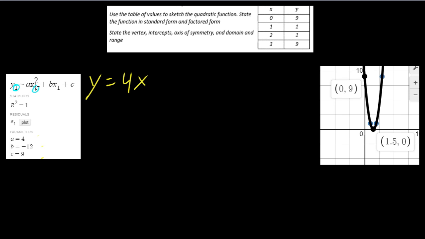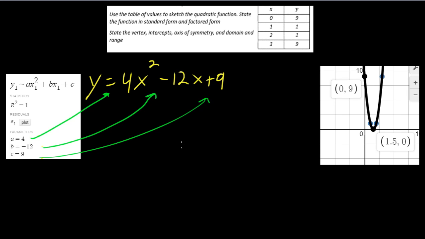That's just for Desmos to do the regression, so we don't do that in our equation. So 4x squared minus 12x plus 9. And again, I'm just using my A value, my B value, and then my C value, right? Those are all there. So we have this here for us, and that's awesome.